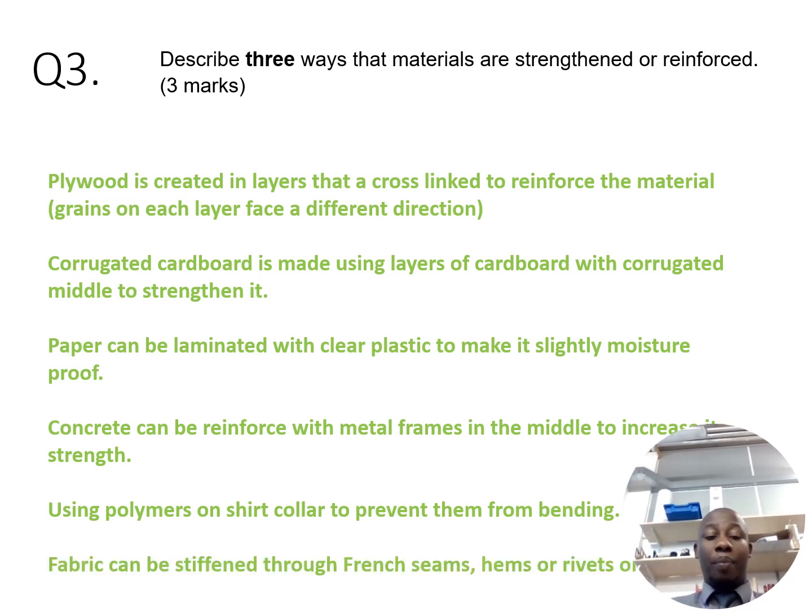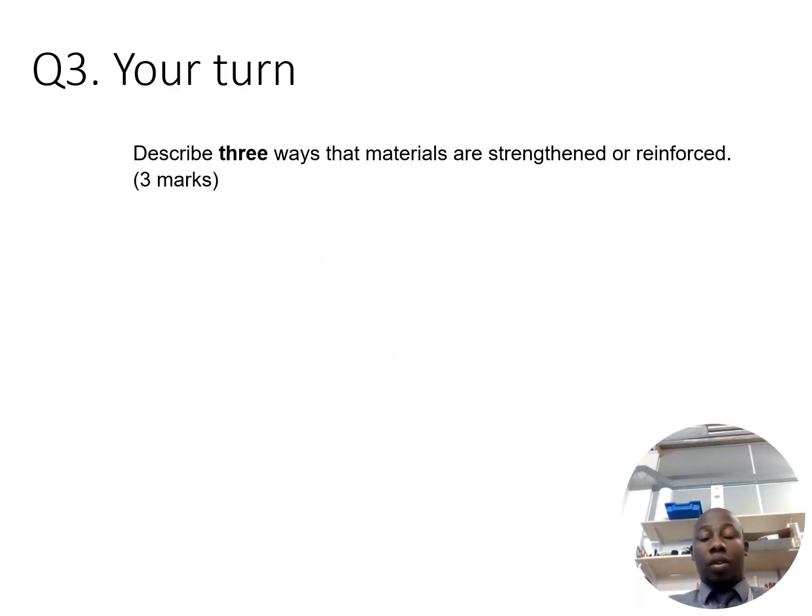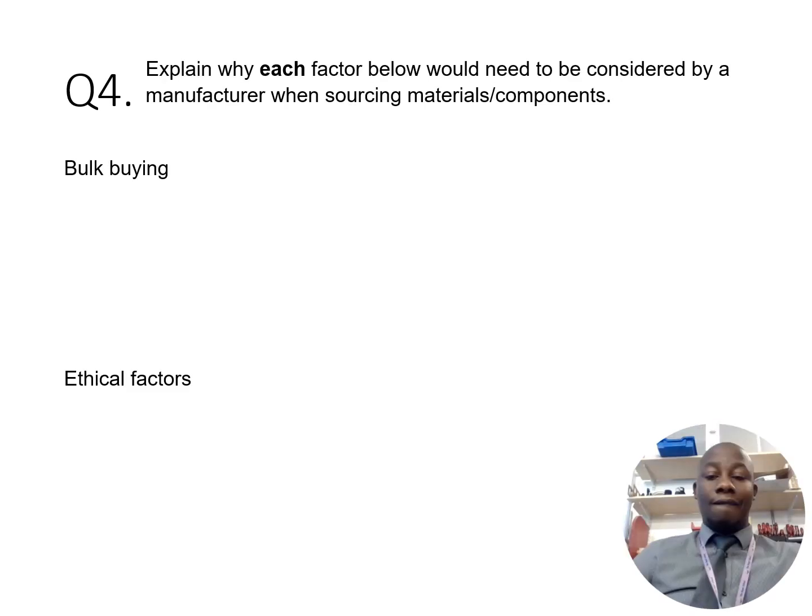But also with fabric, you can stiffen fabric through using French seams, hems, and on jeans, actually by the pockets, they would use rivets to join materials together and to make that area stronger. When you are ready, you can pause the video and attempt these questions by yourself.